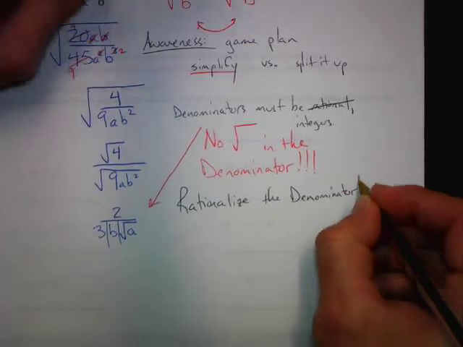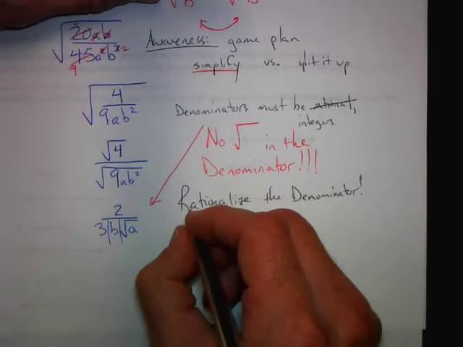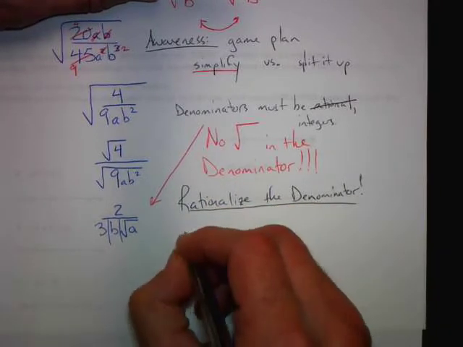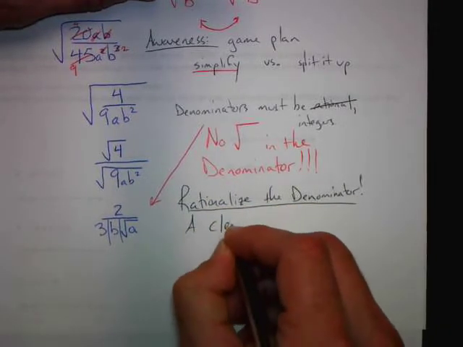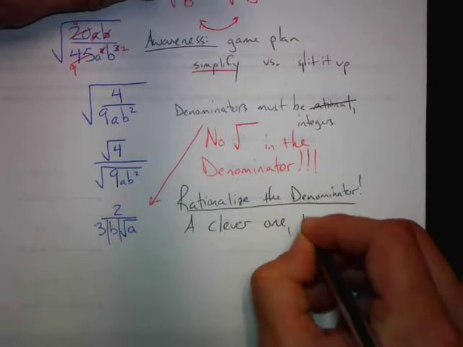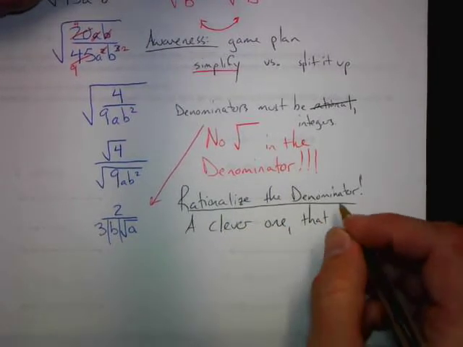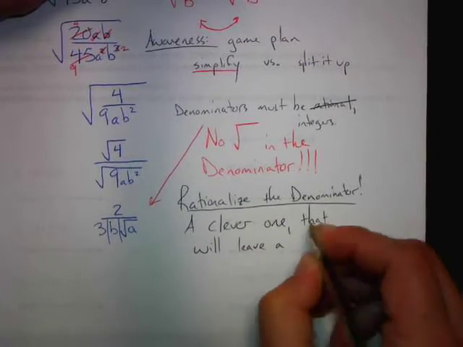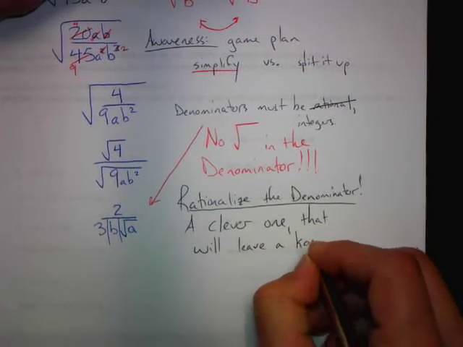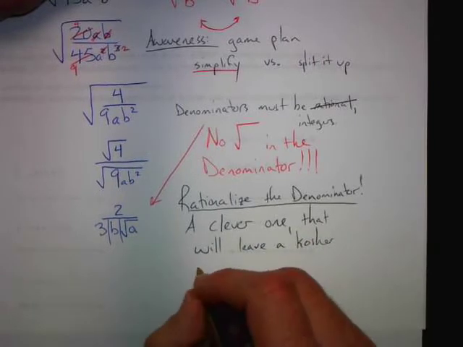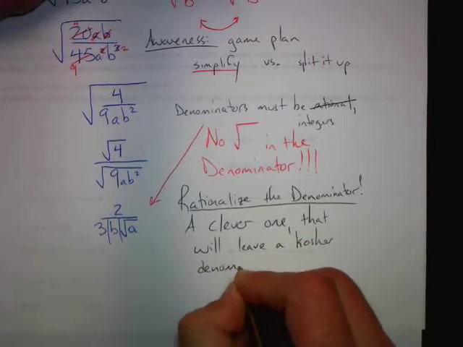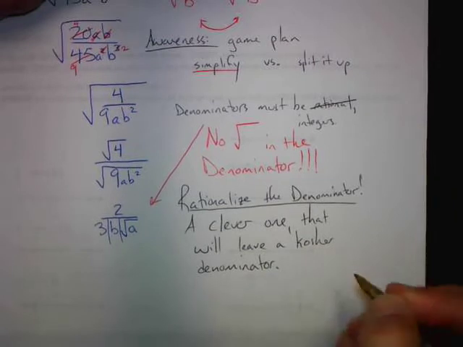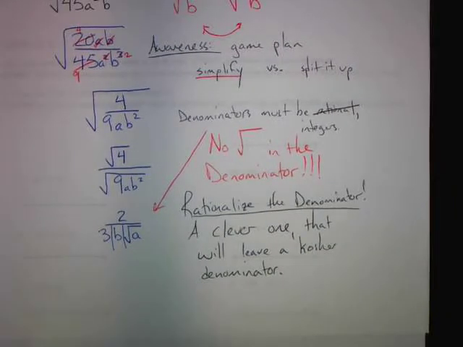So we've got to remember, rationalize the denominator. Come up with a clever one, okay, remember that? A clever one that will result in the denominator being cool, that will leave a, I'll call it kosher, denominator, a denominator that is okay to be allowed.